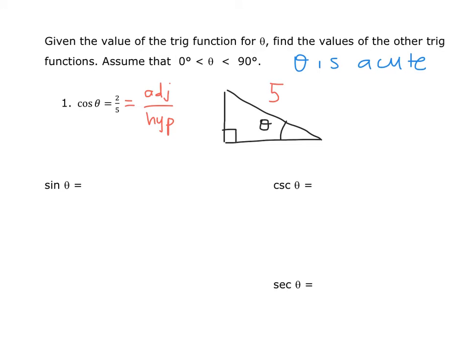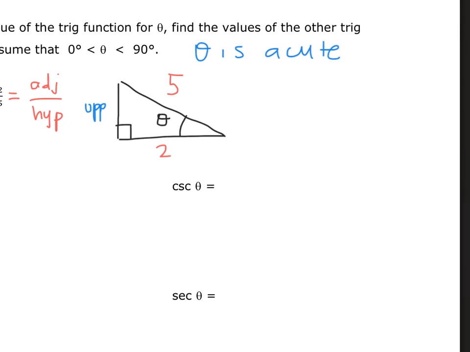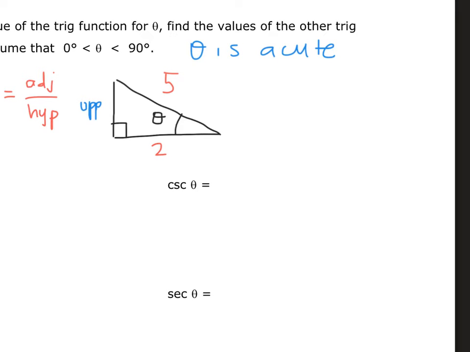And we know that the adjacent side is 2. So what we don't know is the opposite side. All right, but again, we can use Pythagorean theorem to find the opposite side. Right? We know that the hypotenuse squared equals adjacent squared plus opposite squared.